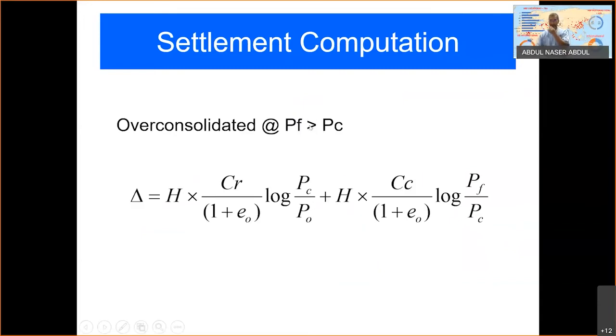If the P final is higher than PC, this is the formula. Slightly longer formula, but all the information in your unit is the same: the CC, the CR, the e0, the PC and the P0, PC and P final. It's just how you arrange the formula. But the basic information will still be the same.